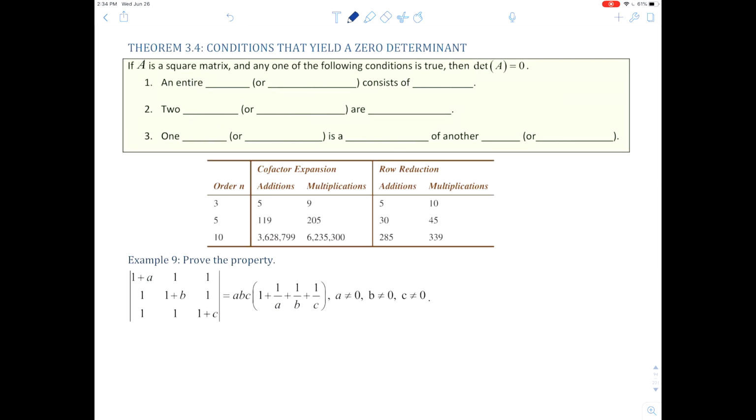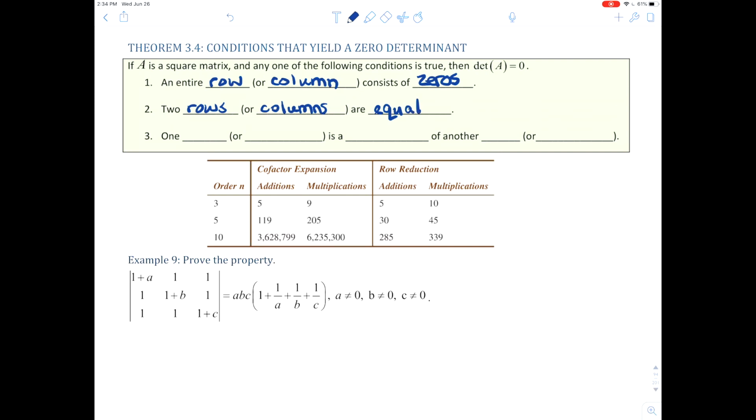All right, conditions that yield a 0 determinant. So if you have an entire row or column that consists of zeros, then you could expand about those zeros and you'd get a 0 determinant. If 2 rows or columns are equal, well, then you could end up getting a row or column of zeros, right?